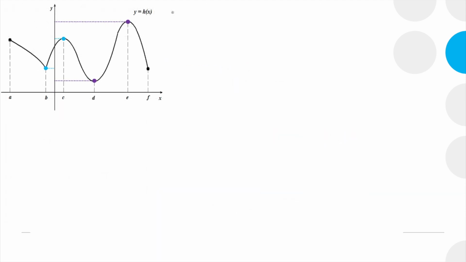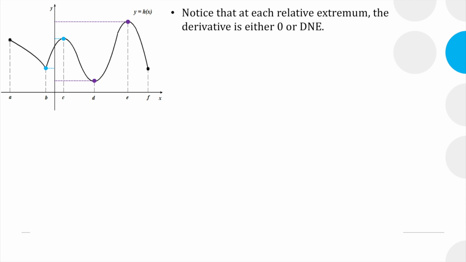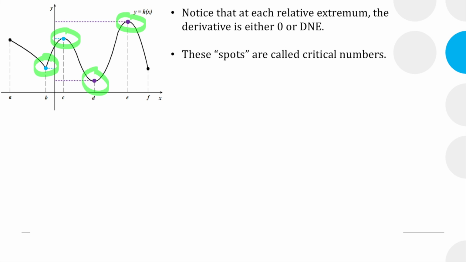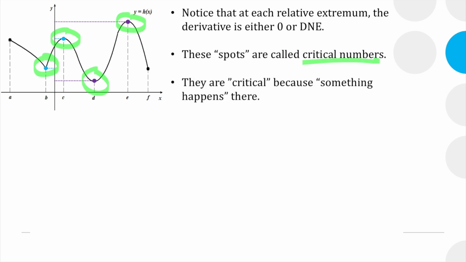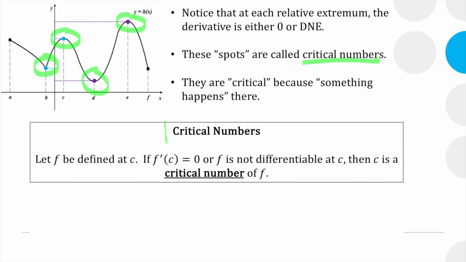Back to our graph. If you'll notice, at each relative extremum, the derivative is either 0, like these guys here, or the derivative doesn't exist. These spots are called critical numbers. They are critical because something happens there. So the definition of critical numbers: let f be defined at c.